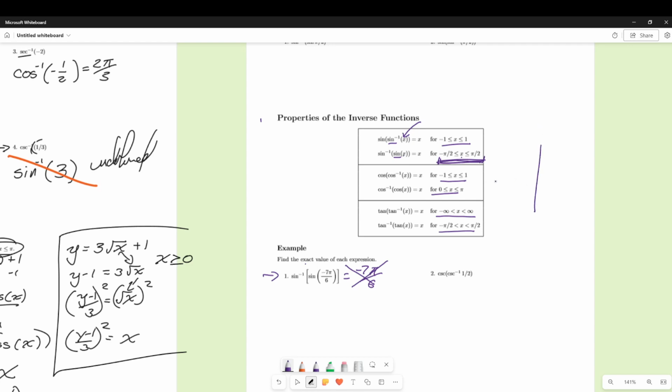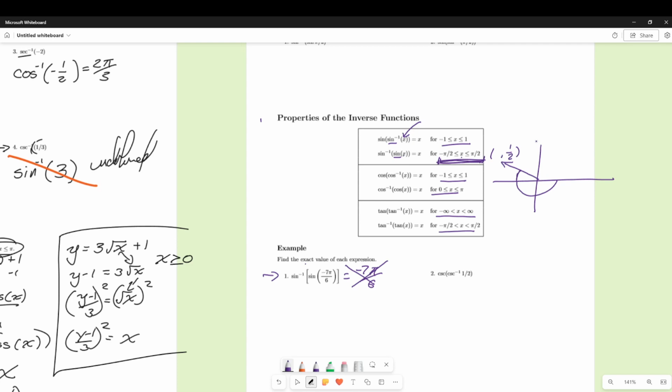For example, if we look at -7 pi over 6, it's right there. So -7 pi over 6 is coterminal to 5 pi over 6. So that means the y value is 1/2.